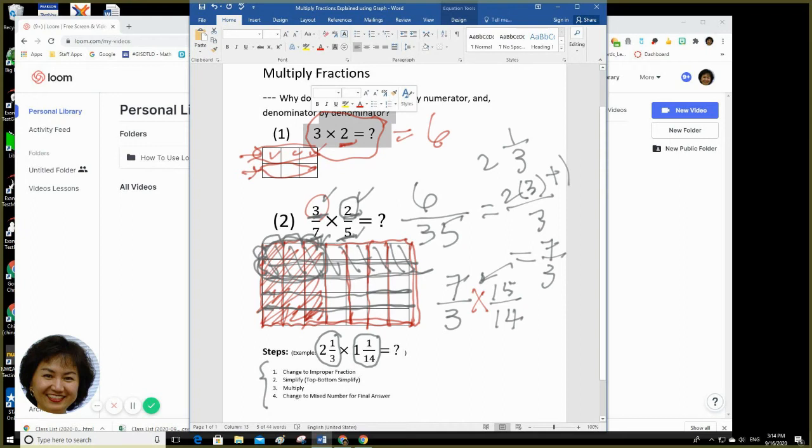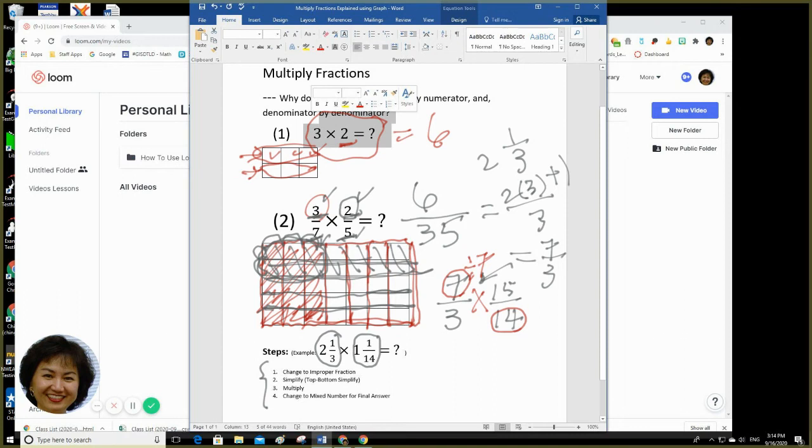Here you can see if you don't simplify first, your life is much harder. Who knows 7 times 15 right away? So we are going to simplify top and bottom first. What we do is divide this top 7 and this bottom 14 by 7.